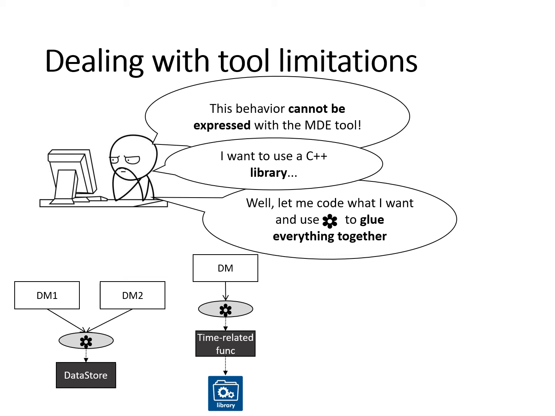So we observed that developers write a lot of additional code to overcome these tool limitations. And flower models are used to glue everything together, because flower models are the most permissive models that can smoothly work with its environment without any restriction.